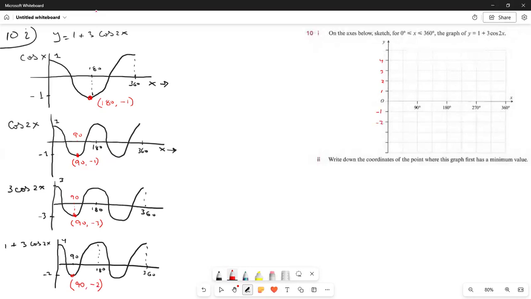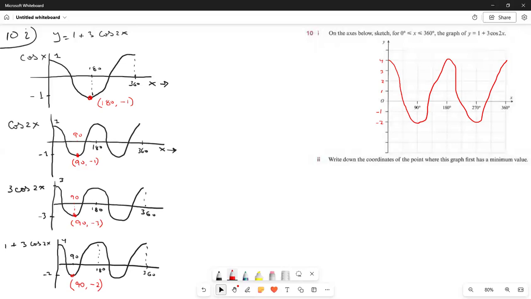So my graph will start from 4 and it will go to -2 at 90 degrees. And then at 180, it will go again to the maximum value, which is 4. And at 270, it will go again to -2, I'm not very good at freehand sketching, and this will go to 360. Okay, let me show you a better graph.